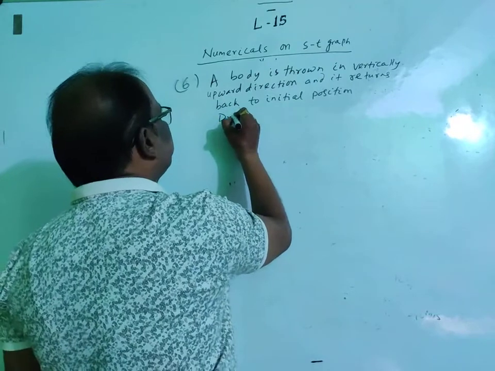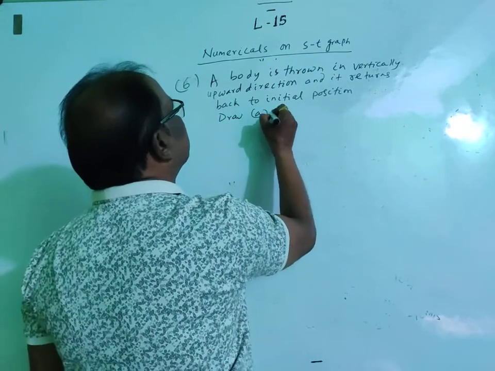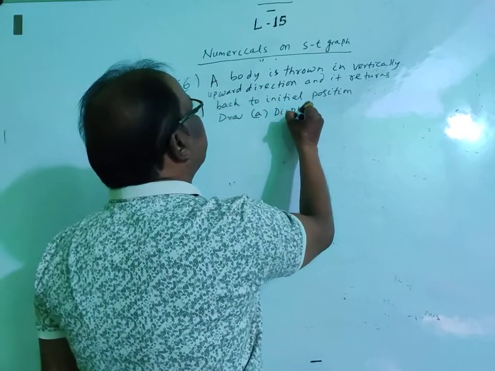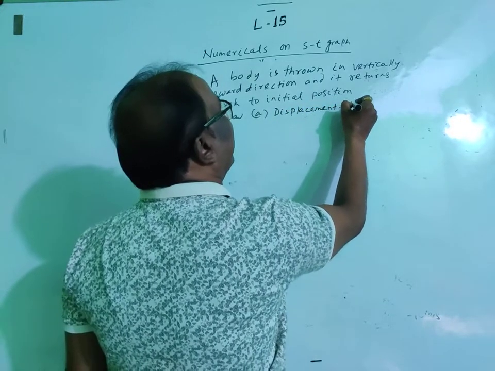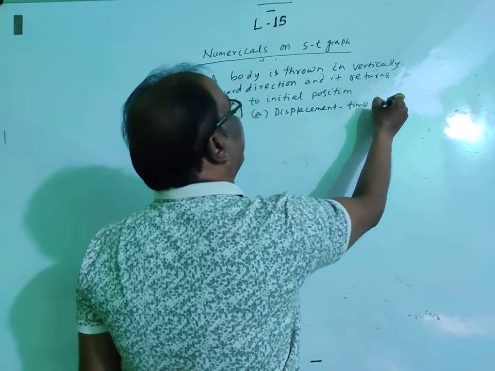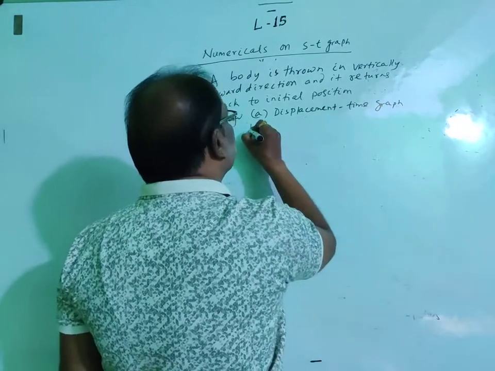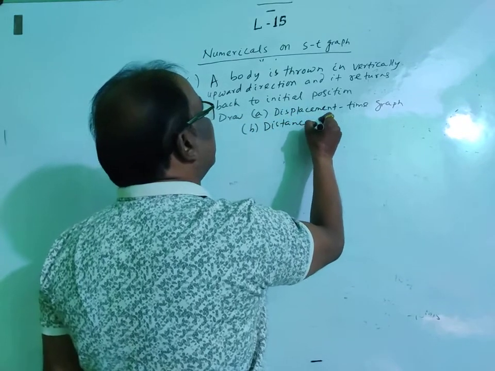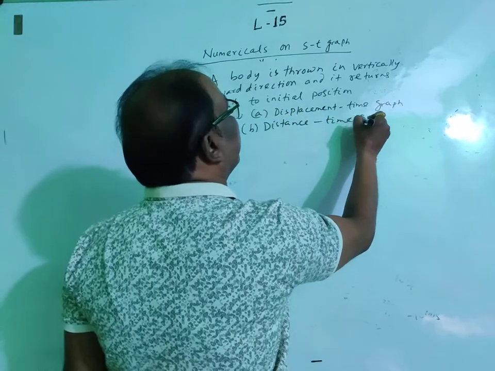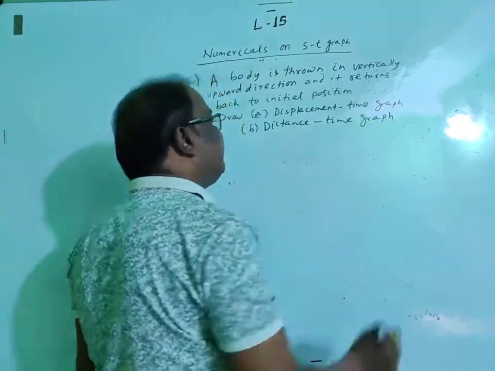Draw first the displacement time graph, bit B, the distance time graph.